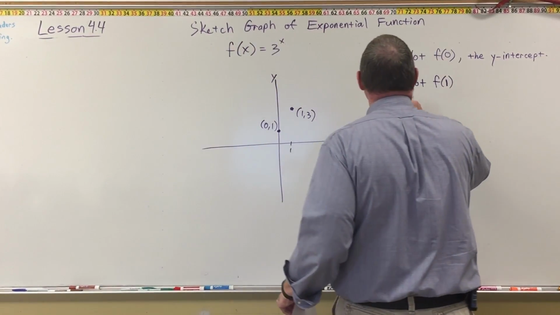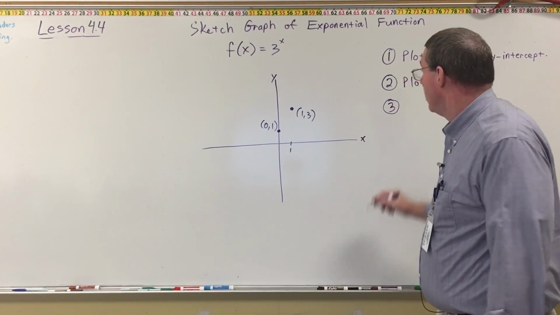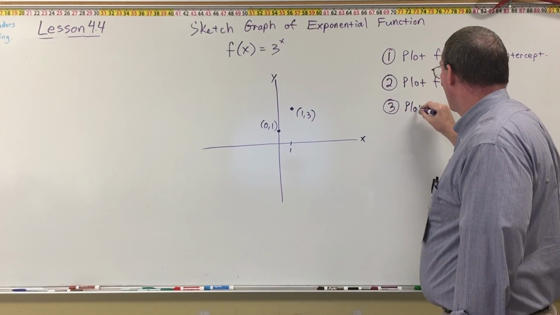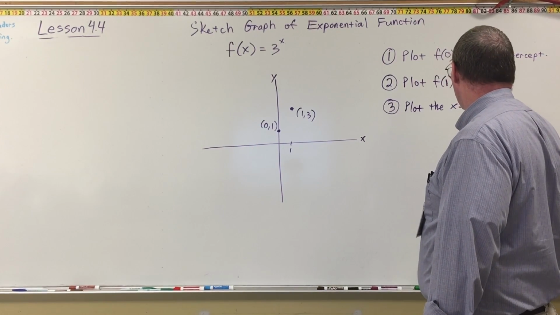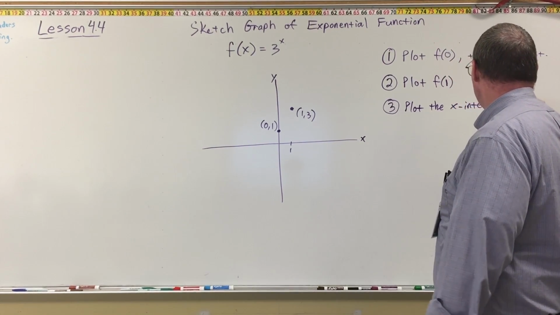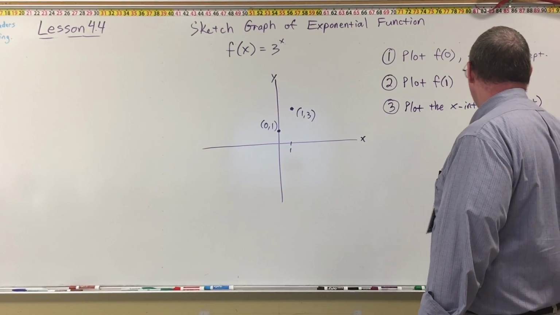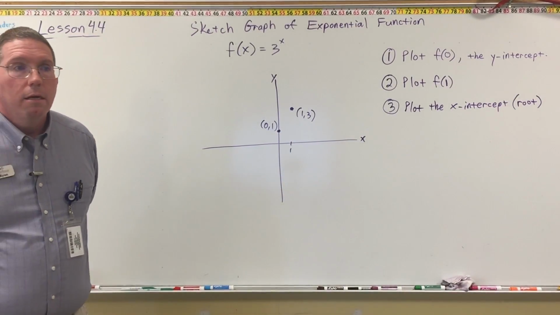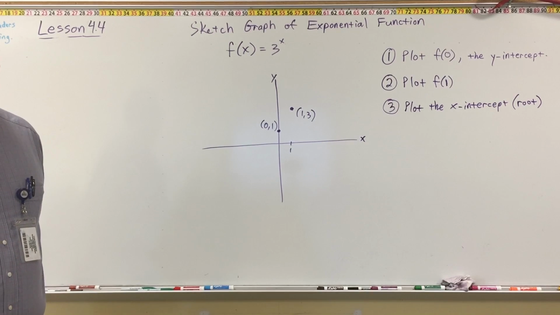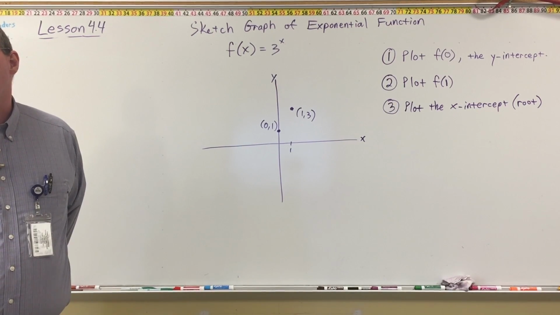Step 3, if there are any, and in this one there are not, plot the x-intercept, meaning the root. Okay. On a plain, typical exponential function, there cannot be more than one x-intercept.